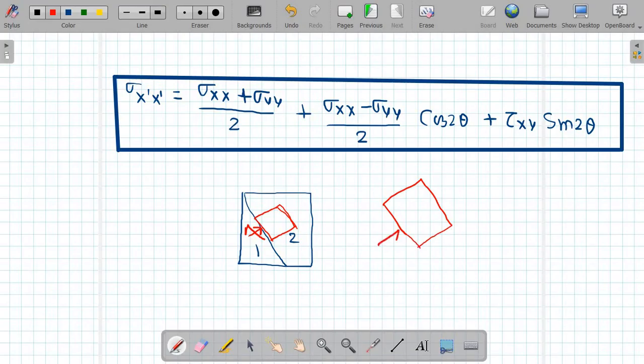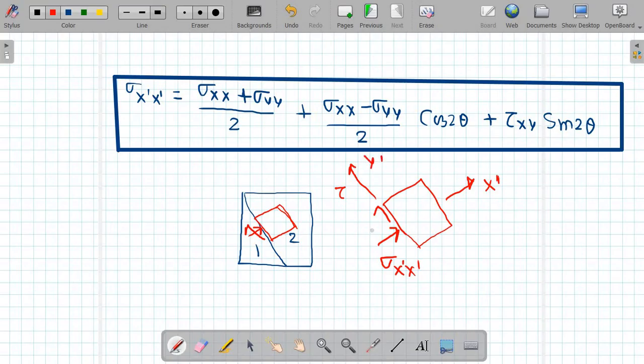So, what will be the force in this direction? We have already told you, this is nothing but stress sigma x dash x dash. Now, we are willing to find out the stress in this direction, and because this is creating the shear force, we will represent it by shear tau. If this is x dash, as I told you, 90 degree in a counterclockwise direction would be y dash.